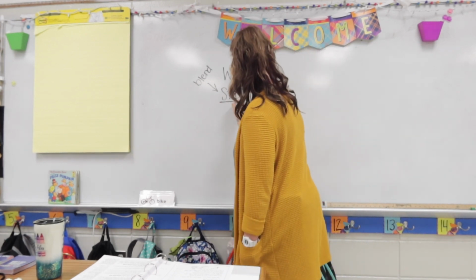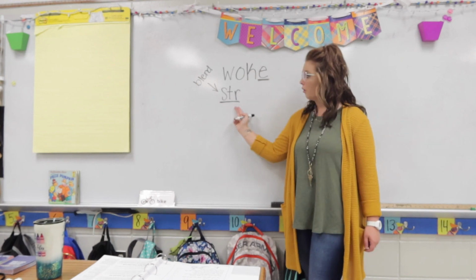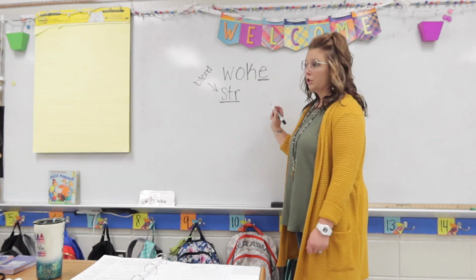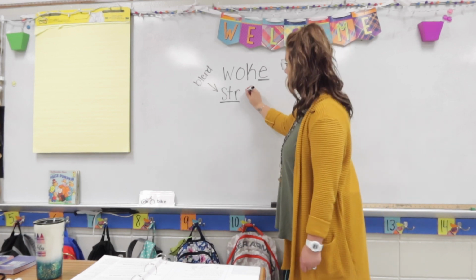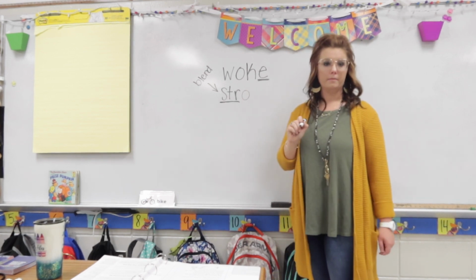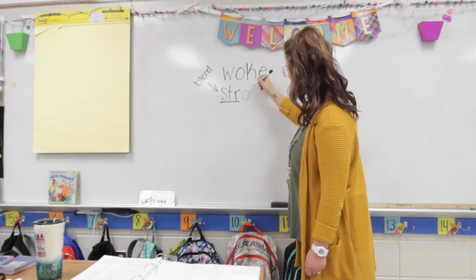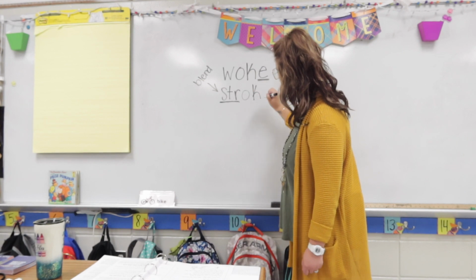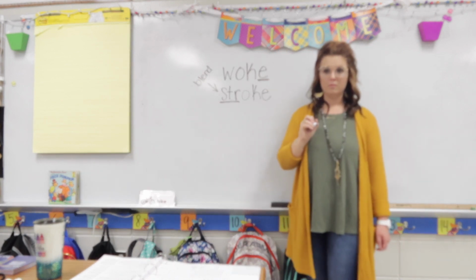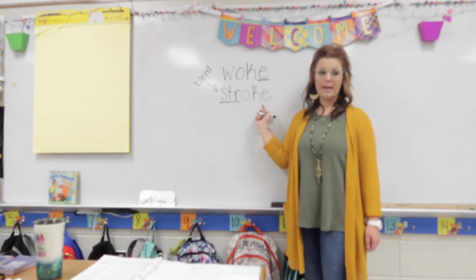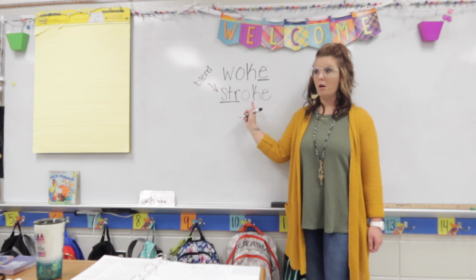This is your whole blend. Str. All three of those letters are your blend. Stroke. O, C, K, and then an E. Why is there an E? Because it makes that O say its long vowel sound.